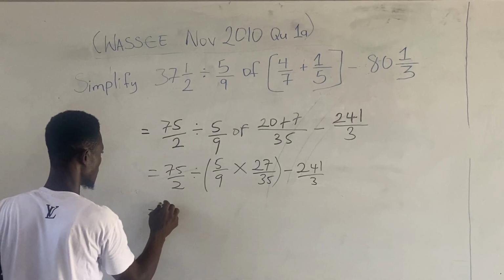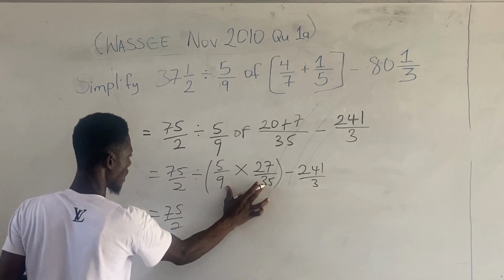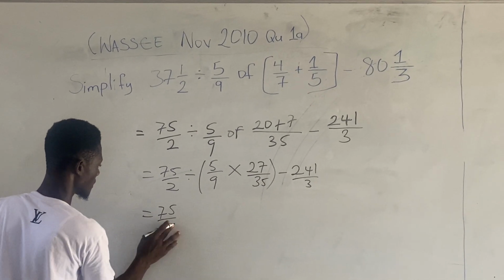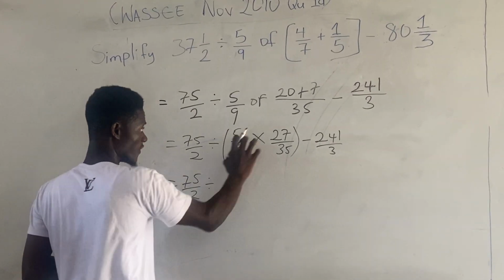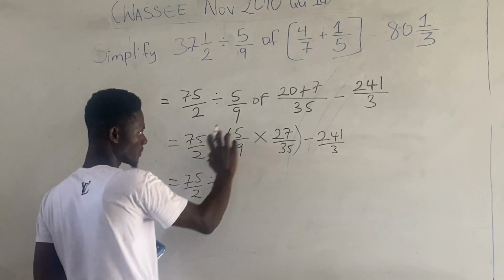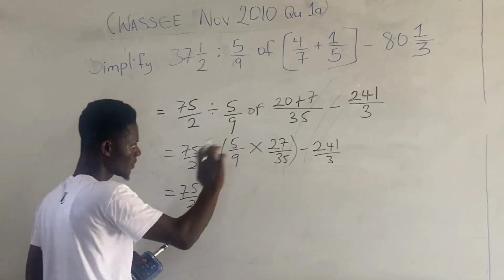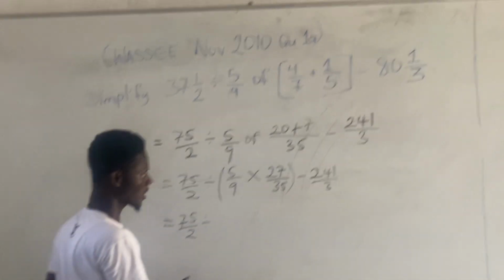You repeat this, 75 over 2. You want to have a single fraction here, so you have to repeat it. 75 over 2 divide. Now we have fraction multiplication. When you are multiplying two or more fractions, you multiply numerator by numerator, denominator by denominator. But before doing that, it is important that you first reduce the fractions.